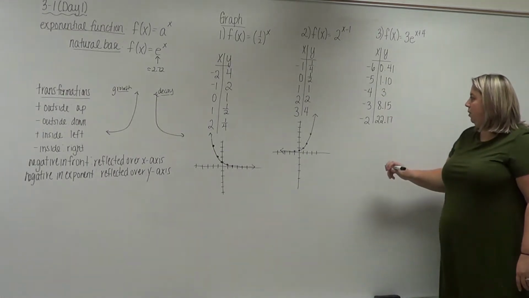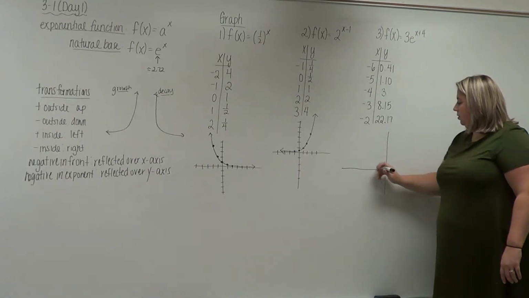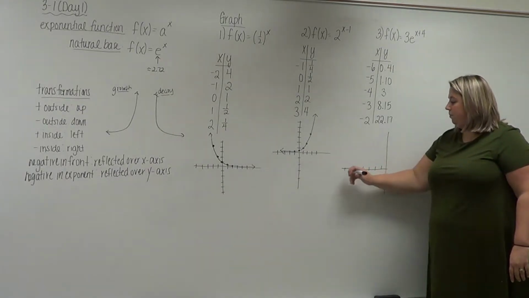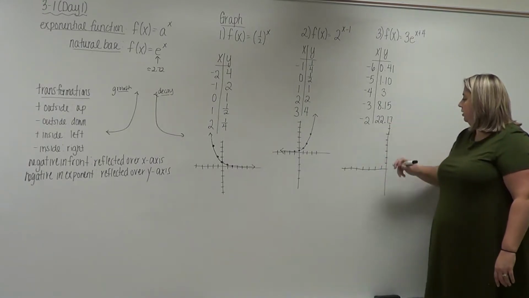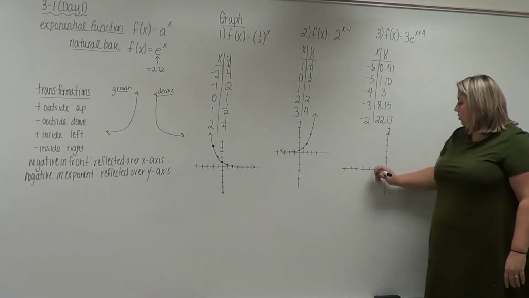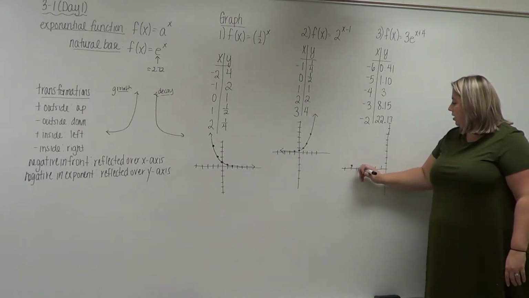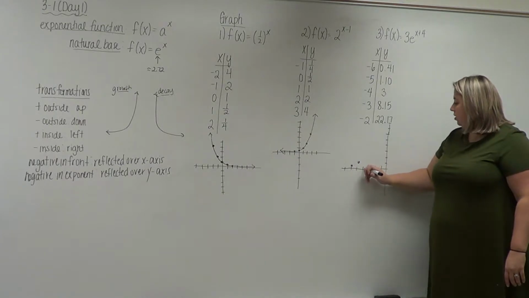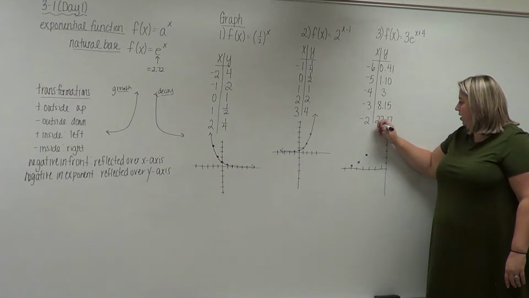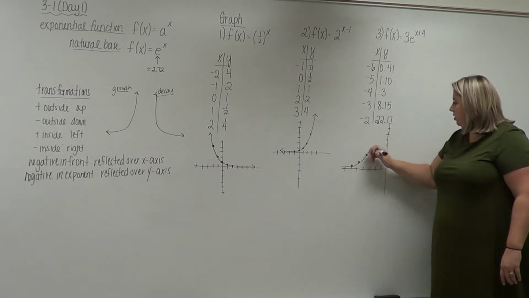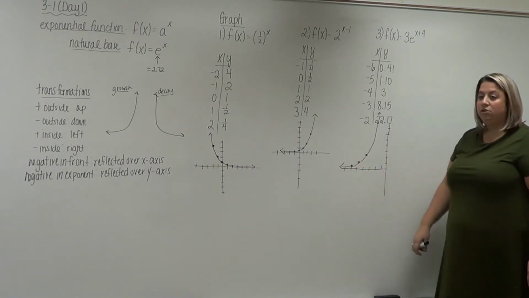So we should be able to go up to 8.15. Maybe. We're out of space. -6, 0.41. -5, 1.10. -4, 3. -3, 8.15. So is this going to be a growth or a decay problem? Just curious.